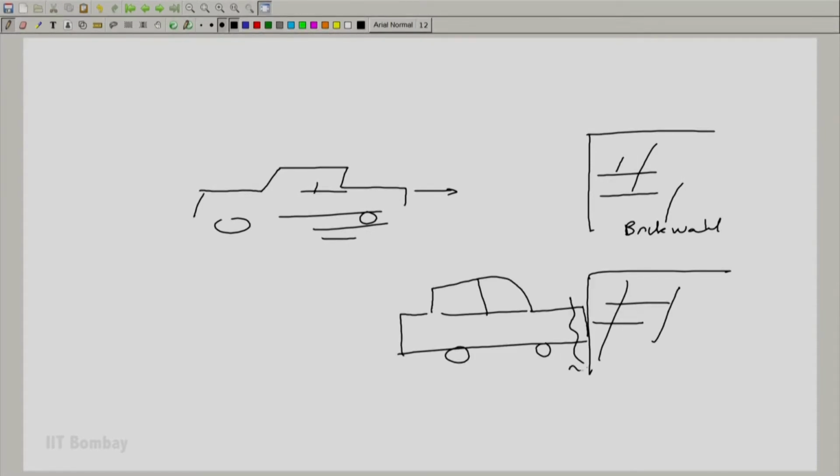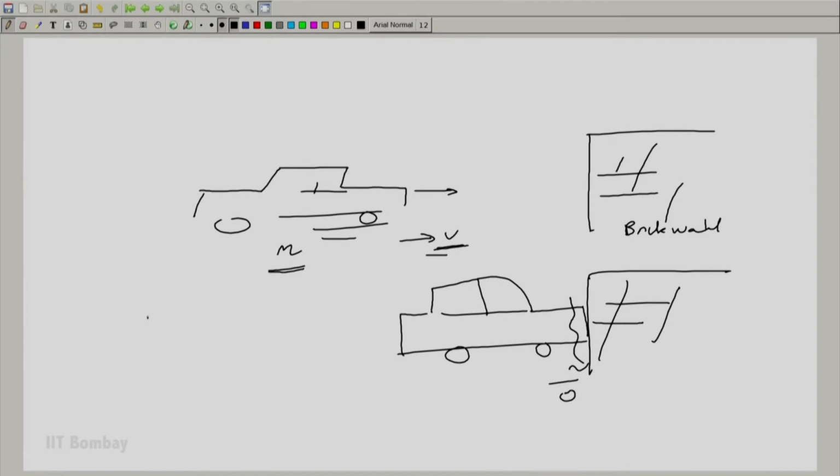Say the car has a mass m and it's moving with a velocity v, and then it hits a brick wall. The car crashes, but it goes from velocity v to 0 after it crashes. It's 0 obviously in a few milliseconds.